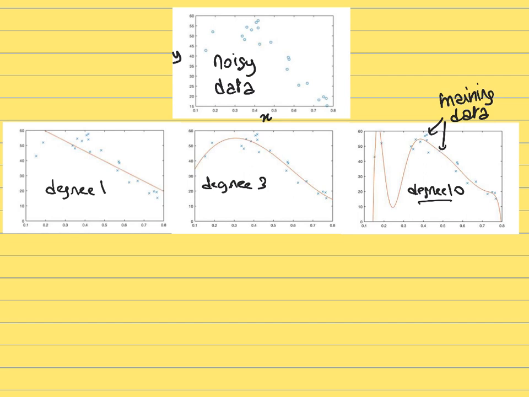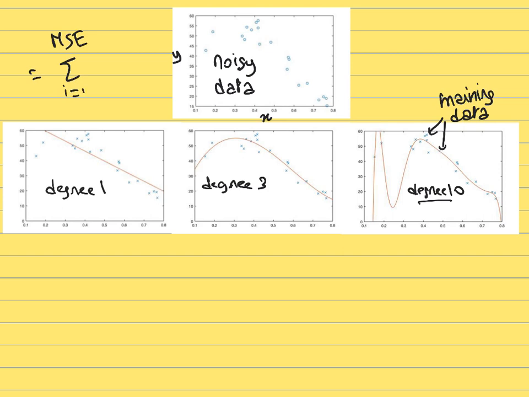One possible idea would be to look at the accuracy of the model. As a reminder, one way to look at the accuracy is to calculate the mean square error.